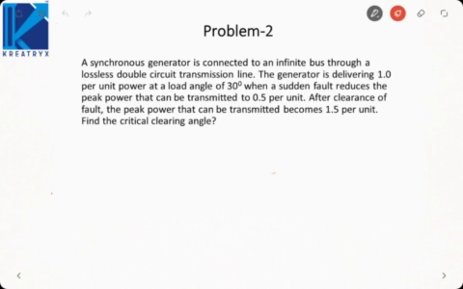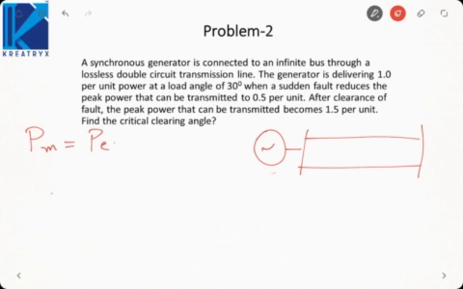In our next problem, it says a synchronous generator is connected to an infinite bus through a lossless double circuit line. So the system is like this. The generator is delivering 1 pu power at a load angle of 30 degrees. So before the occurrence of the fault, PM is equal to P is equal to 1 pu and delta naught is 30 degrees. Now a sudden fault reduces the peak power that can be transmitted.